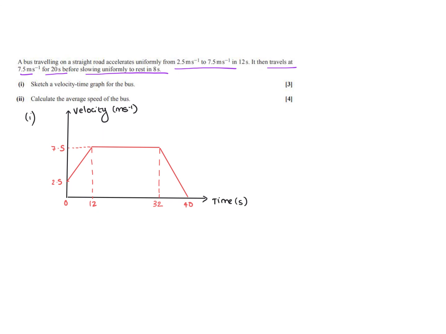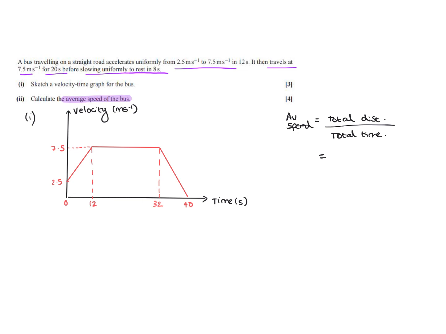Now, part 2 asks us to calculate the average speed of the bus. Now, average speed is equal to total distance travelled divided by total time taken. Now, we need to calculate the total distance travelled, which means we need the area under this graph.